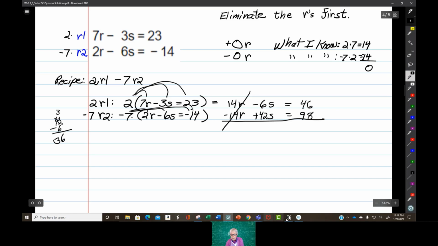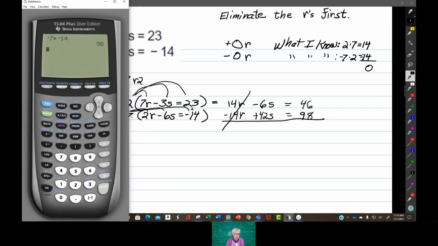But if you feel insecure, that's what these guys, calculators, are for. Negative 6 plus 42, enter, is 36. And while I'm here, 46 plus 98, enter, is 144.